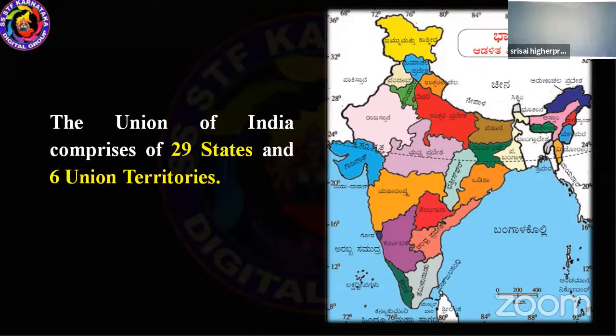But last year, the central government formed a union territory, so the numbers have changed. Including Jammu and Kashmir, there are 29. But at present, Jammu and Kashmir and Ladakh are union territories. If you subtract Jammu and Kashmir from 29 states, what number will remain?